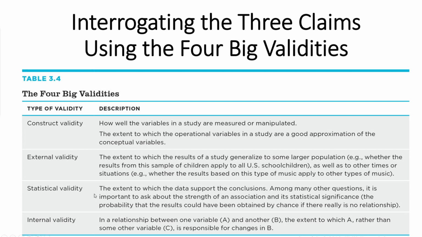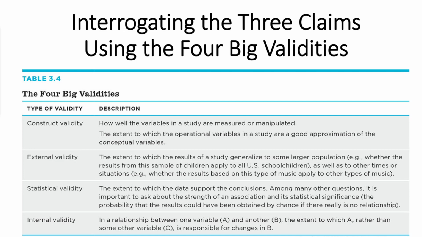Our next type of validity is the statistical validity, the extent to which the data supports the conclusions. So this is going to cover a lot of different things, but among other questions, it's important to ask about the strength of an association and the statistical significance of what you're seeing.